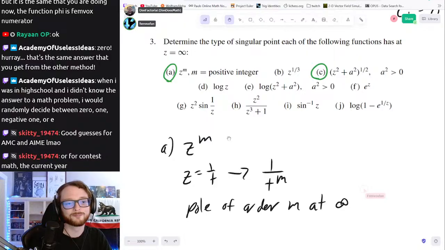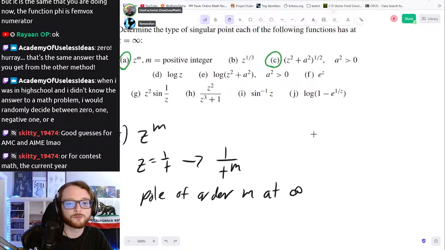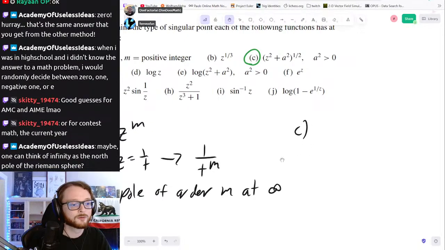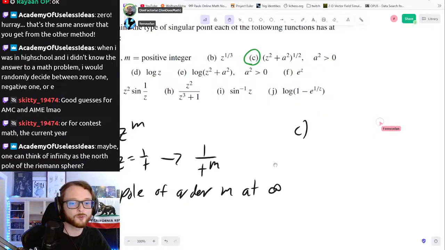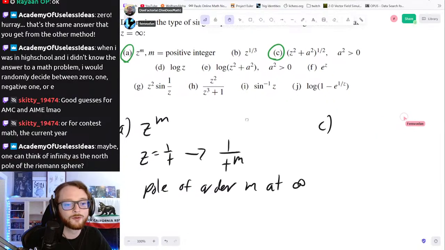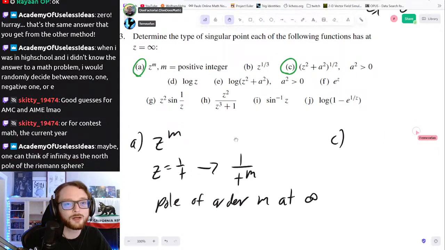Well, once we're finished with this, maybe we should check the answer. Oh yeah, this one is odd. Part C. Infinity is the north pole of the Riemann sphere. And inversion flips the Riemann sphere upside down. I don't know how to think of that.